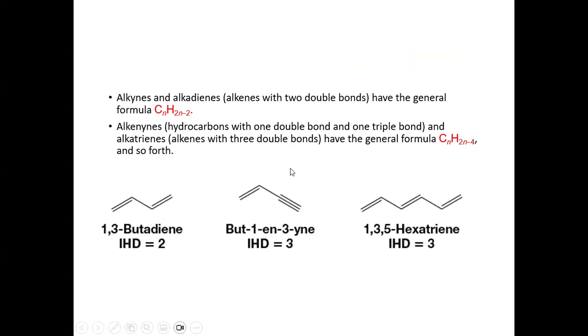So the question is, what is the index of hydrogen deficiency for 1,3-butadiene? It says here it's 2. So how do you calculate for 2?